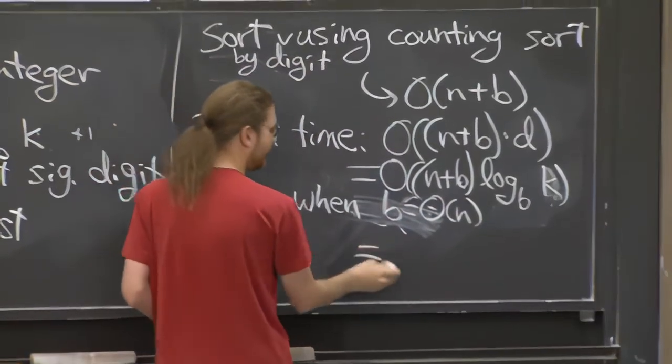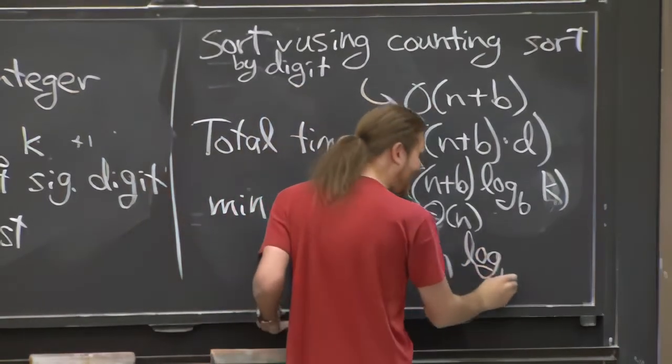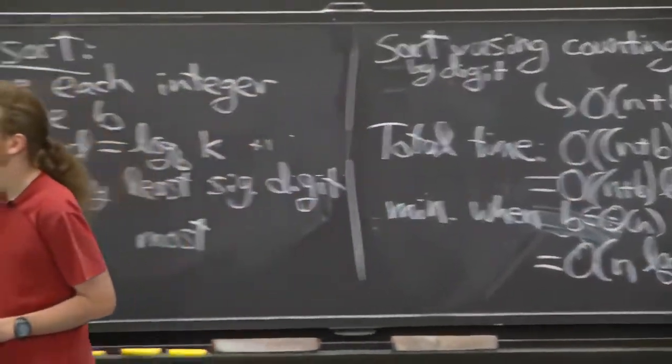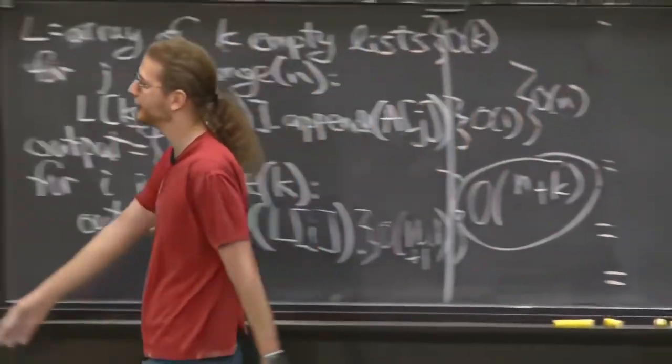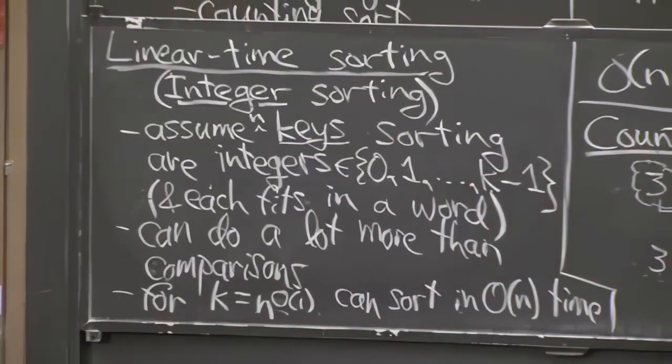Then it's going to come out to n times log base n of k. And lo and behold, when k is polynomial in n, then that will be linear. Let me write that.